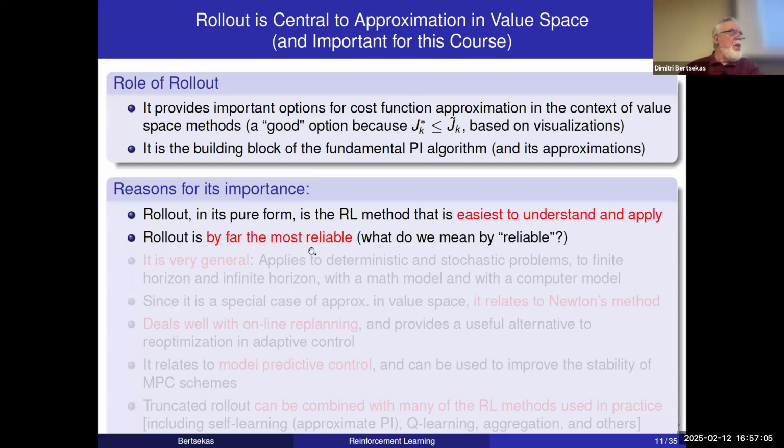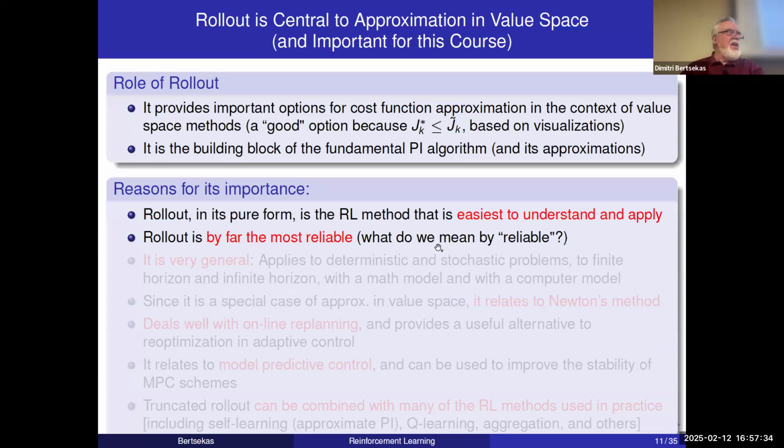It works almost always. Easy to implement, easy to test. It's relatively easy to tell when it succeeds because you have this base heuristic and you expect rollout to do better, much better than the base heuristic. If you don't see that, then something's wrong, okay? This is a reliable guideline.